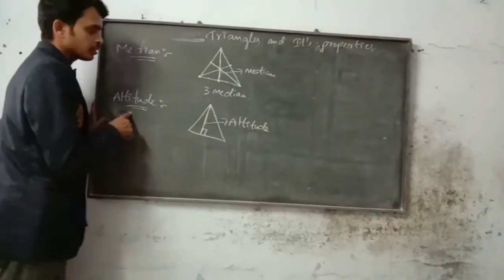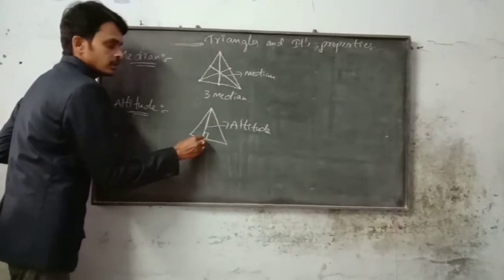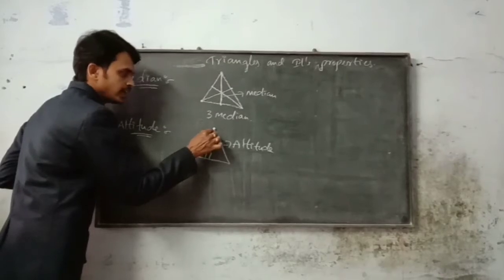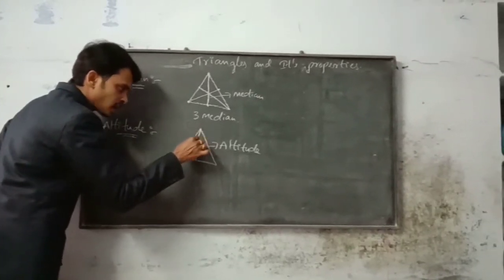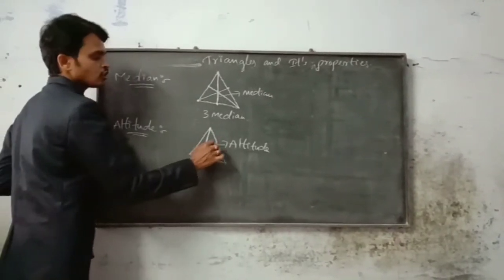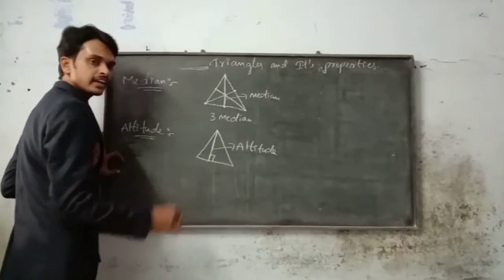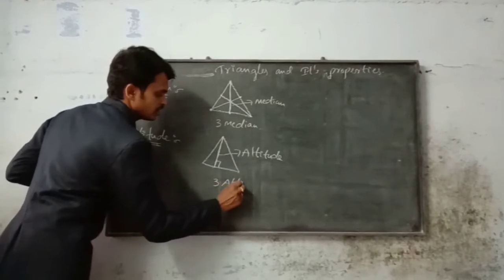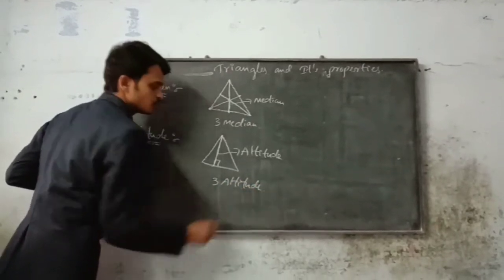So altitude is nothing but a perpendicular line segment from a vertex of a triangle to its opposite side. A triangle has three altitudes.